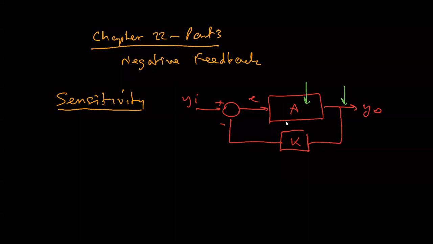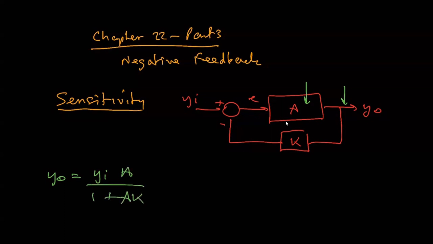So first of all, we write down what y naught is as a function. So it's y naught equals y i times A over 1 plus A k.